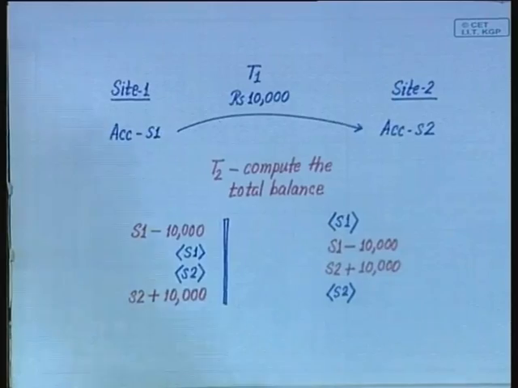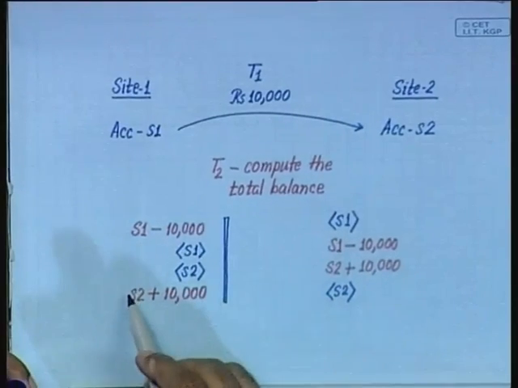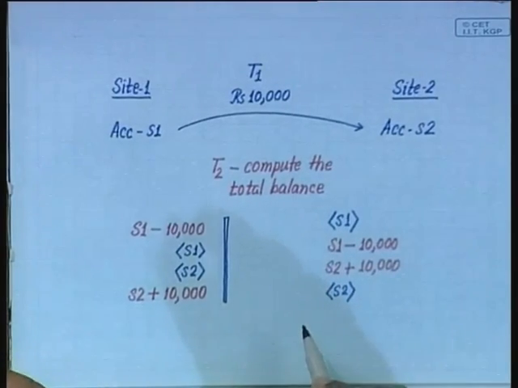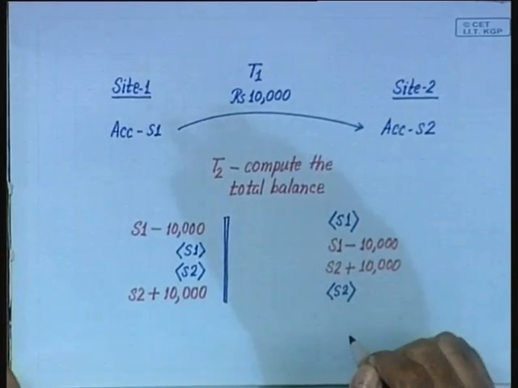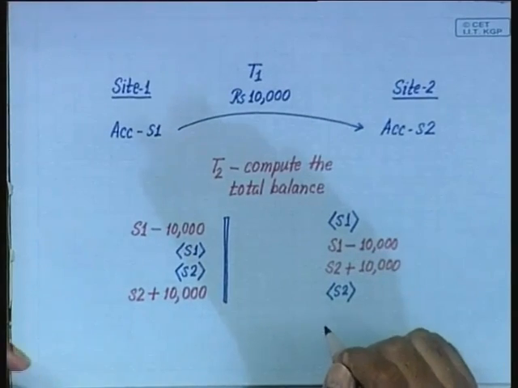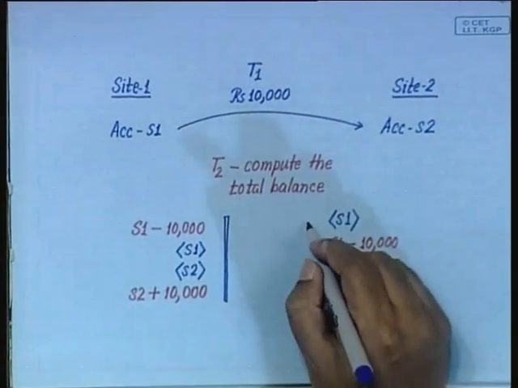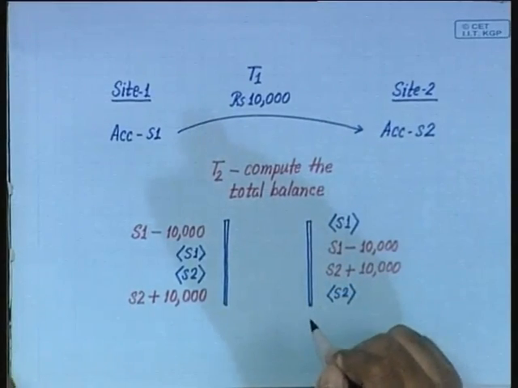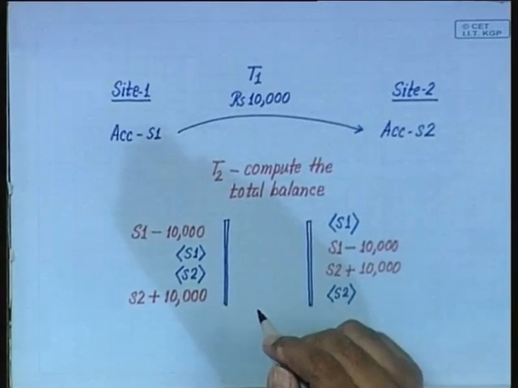The red one is the transaction T1, the blue one is the transaction T2. What is going to happen here? The balance will be shown as 10,000 extra, right. Now, this is a typical concurrency problem.